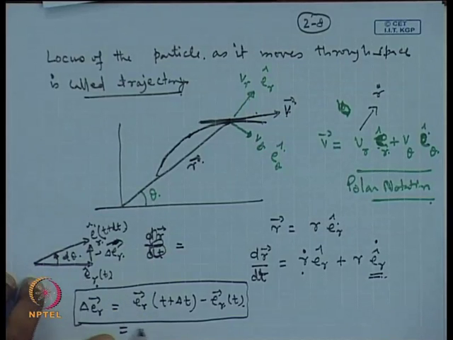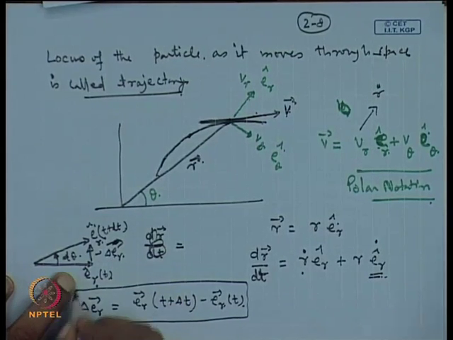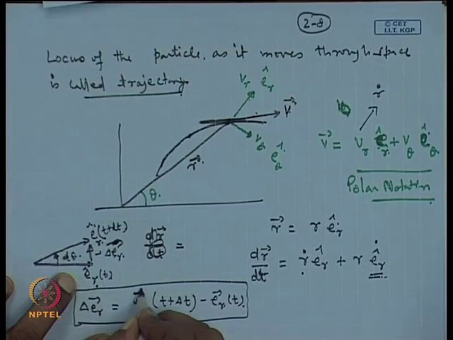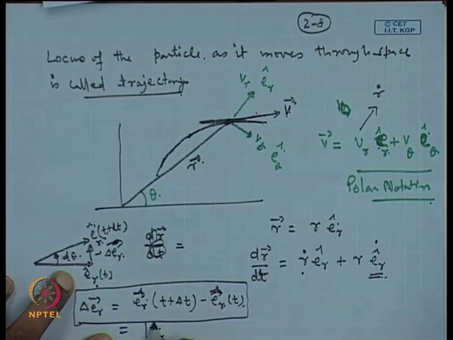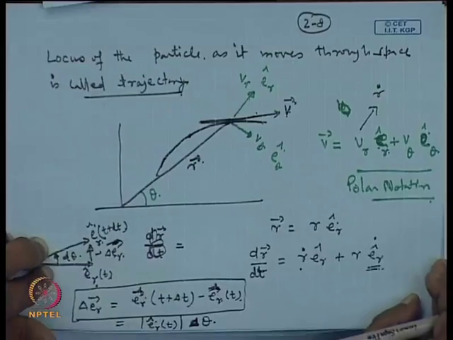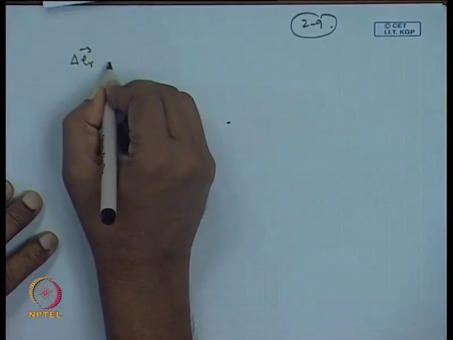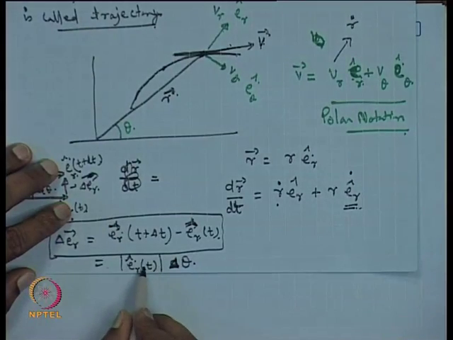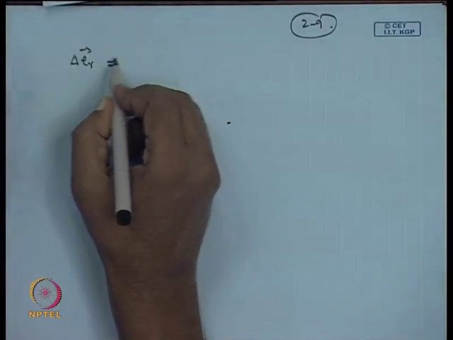From here we can see that the magnitude of delta E r is the magnitude of E r cap, the unit vector, times this angle, here written as delta theta. The magnitude of the unit vector is 1.